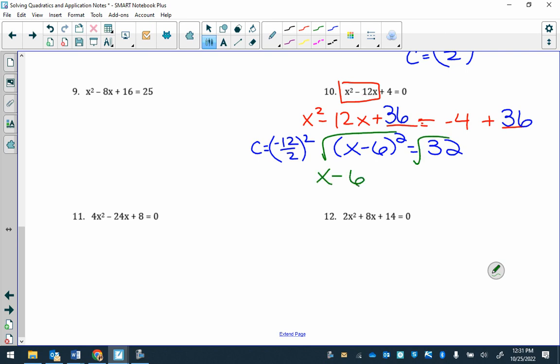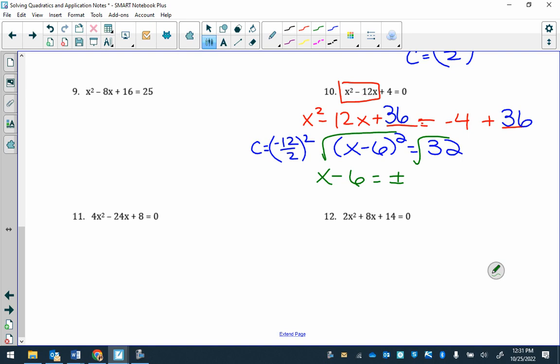And since we solved, we have to have the plus or minus. Now, square root of 32. Think of a factor that is a perfect square. Your perfect squares are 1, 4, 9, 16, 25.